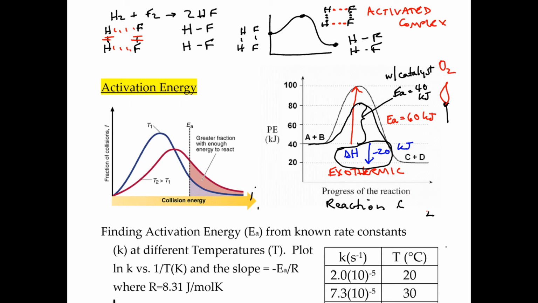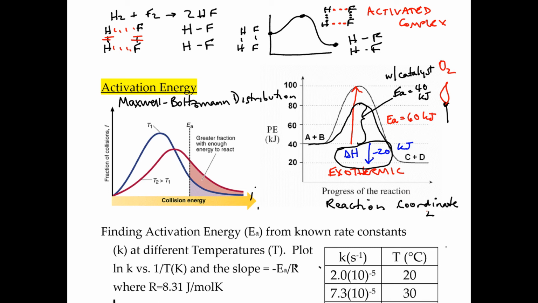And this graph on the left is a different kind of graph. The name for this graph could be a Maxwell-Boltzmann distribution.